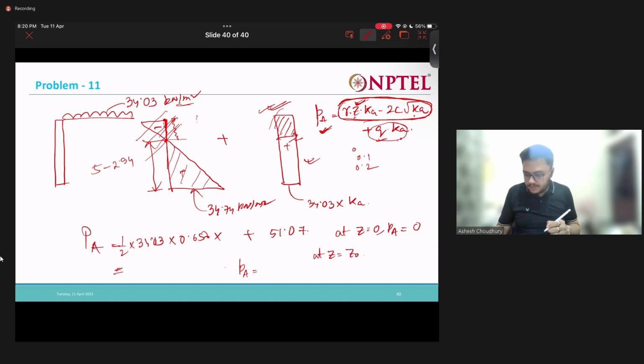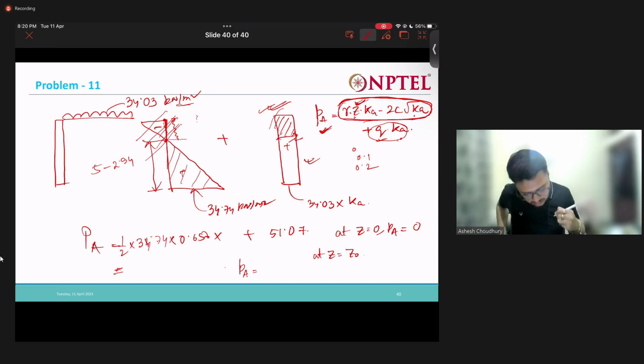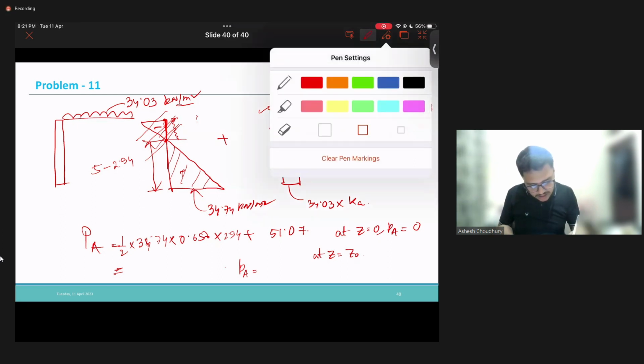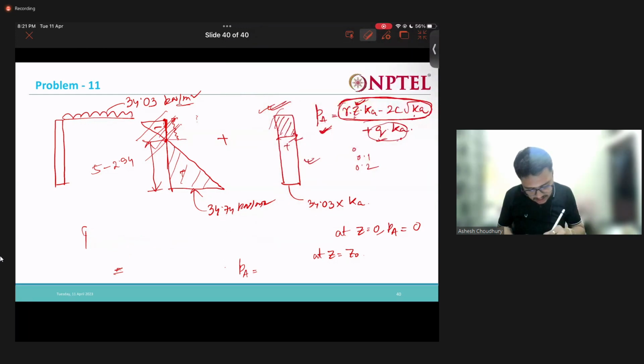Okay, so total area will be how much? Here half into 34.03 into Ka. 34.74 it will be, I think. Right. 34.74. Okay. K won't be there, this I have already calculated. I will just write this again.